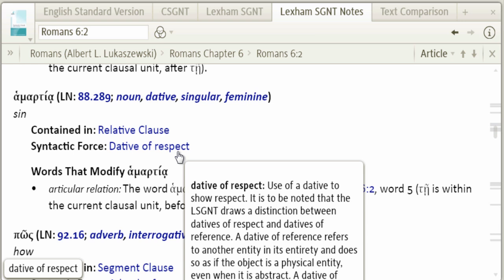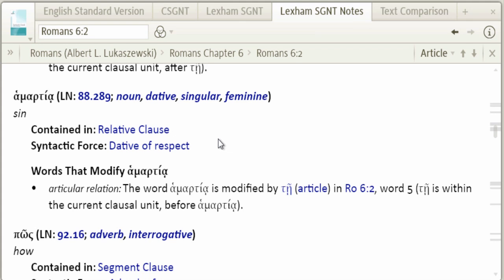The reference usage being limited to a physical entity, while the usage of respect is limited to words that are abstract in sense. For example, hamartia is not a physical entity, but an abstract noun. That is, a noun that can't be perceived through one of the five senses.